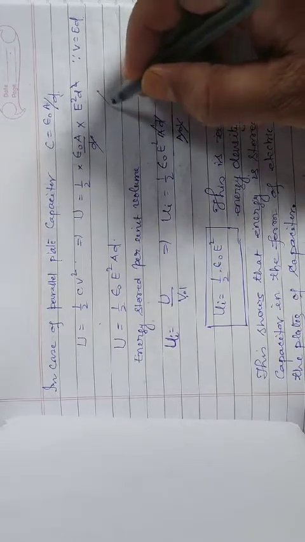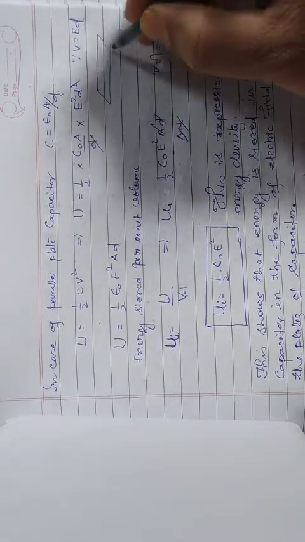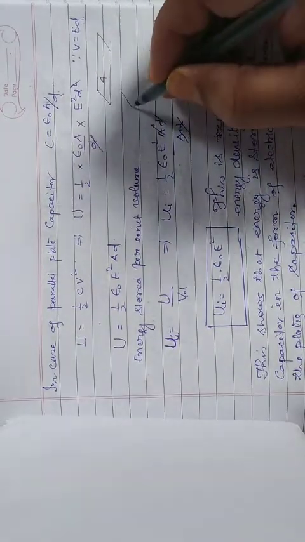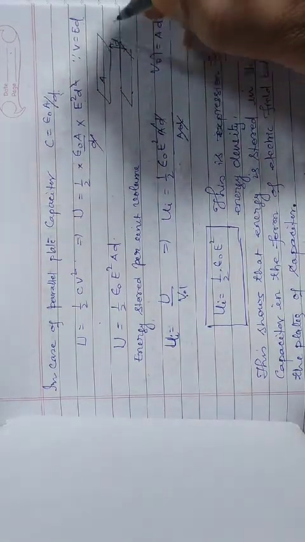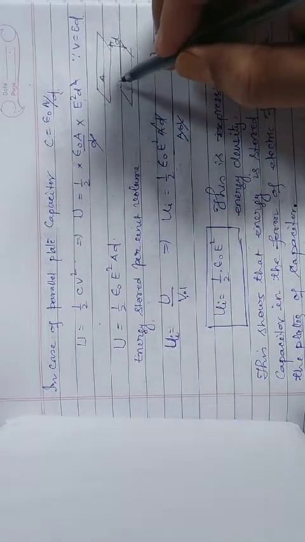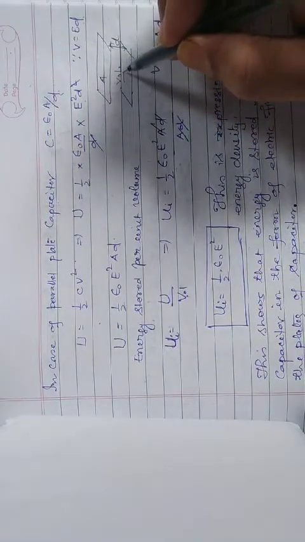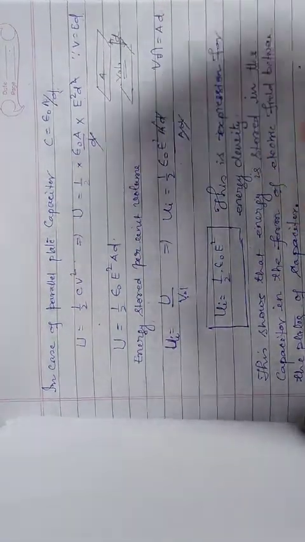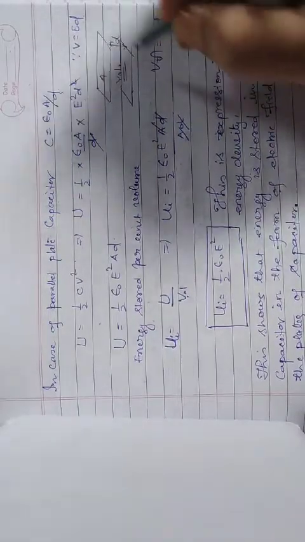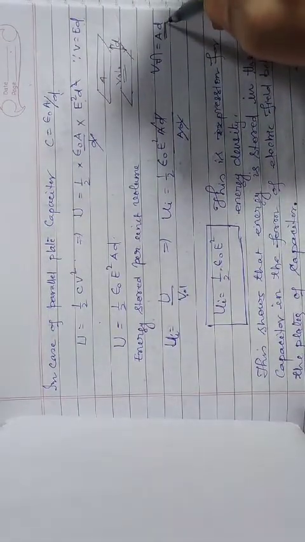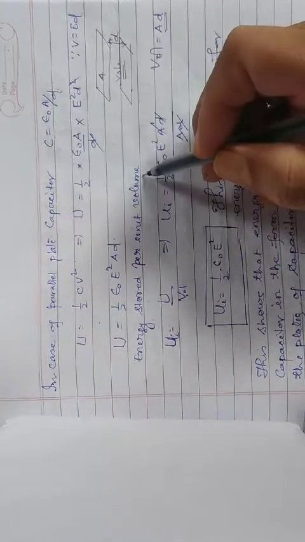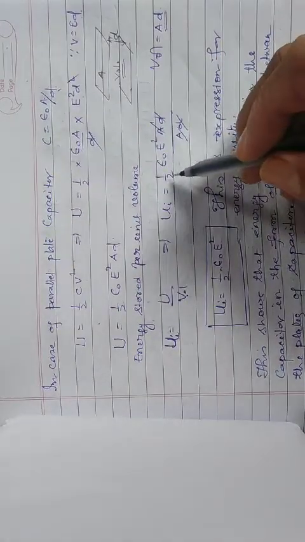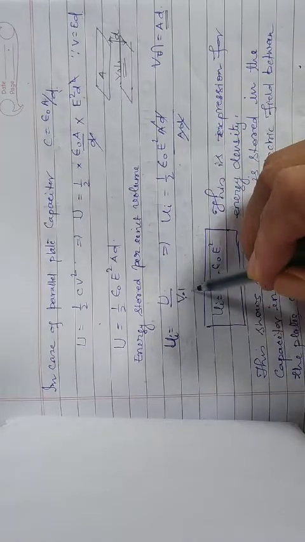Here, A is the area of the plate and d is the separation between the plates. So volume between the plates of the capacitor will be A into d. So energy stored per unit volume will be U by volume.